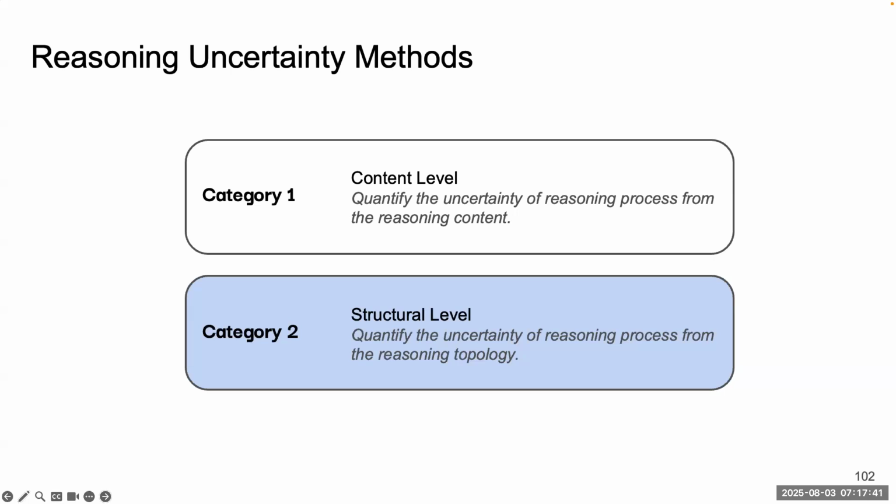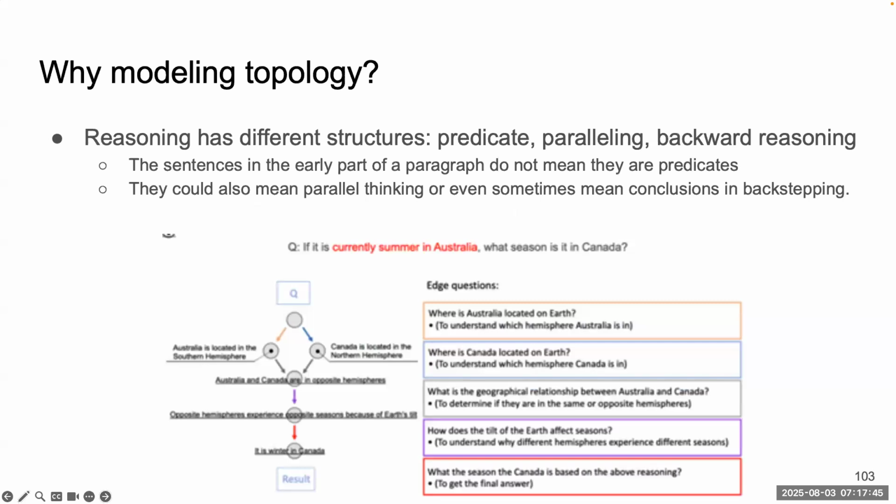Think about it this way: when you're reasoning toward the final answer, if you treat it as a paragraph, then your paragraph is sequential, right? So this question appears before this question. But it could also be possible that this question appears before this orange question, because they are two parallel questions, right?